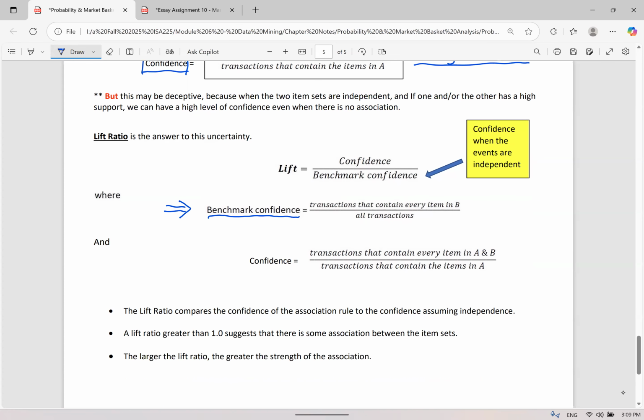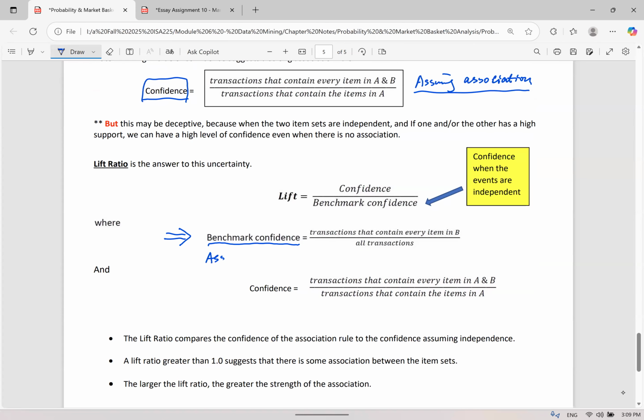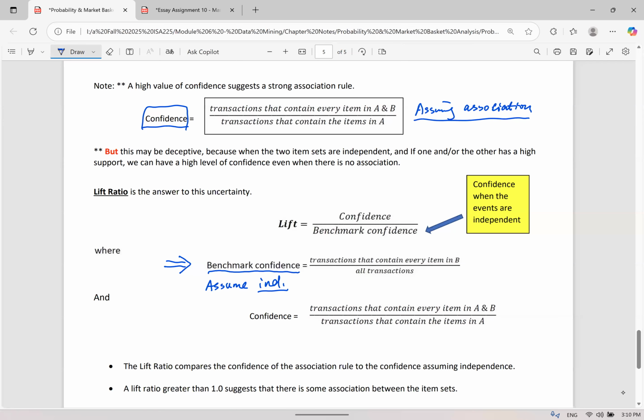All right, and then this benchmark confidence is we want to assume they don't have any association. We assume these two item sets are independent of each other. If they are independent, A doesn't affect B, B doesn't affect A, right? That means if I care about B, I don't care about A anymore.